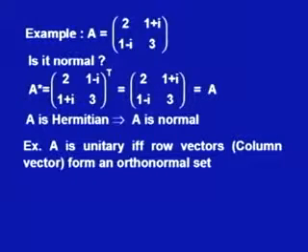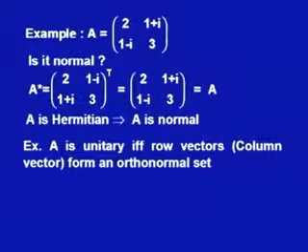We write this as A is unitary if and only if the row vectors form an orthonormal set. This result is not only true for row vectors, it applies to column vectors also, and the result reads like this: A is unitary if and only if the column vectors form an orthonormal set.